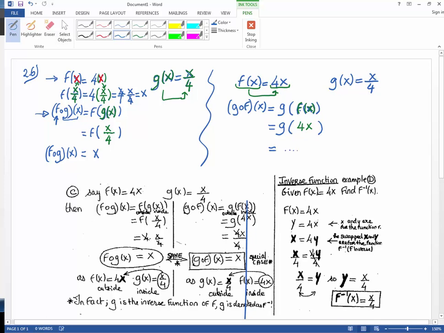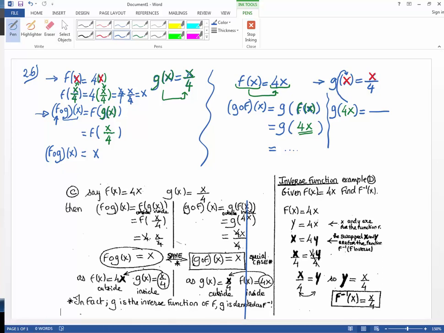We need to find that out by visiting the function g over here. So we know that g of x is x over 4. So we now do want to find out what is g of not x, but in this case we want g of 4x. According to the definition, instead of the red x, I'm going to replace it by 4x.